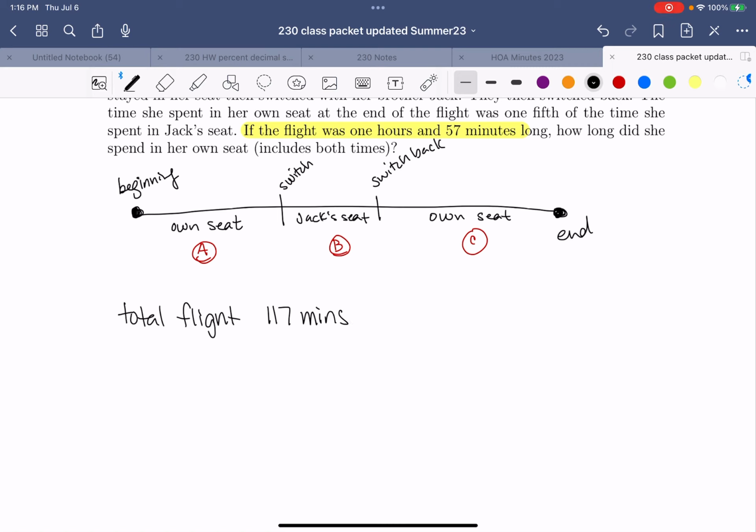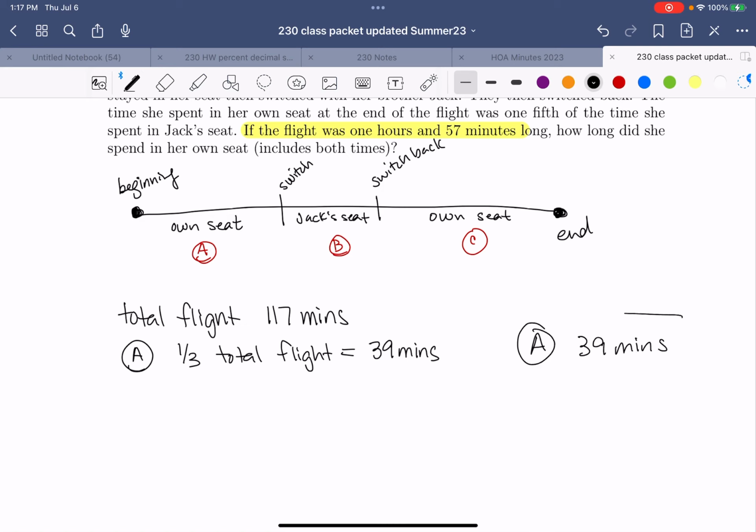And we know that section A is 1/3 of the total flight. So if we divide 117 by 3, that gives us 39 minutes. So we know that part A is 39 minutes. I'm going to put that in a box because that's something that we've identified specifically.